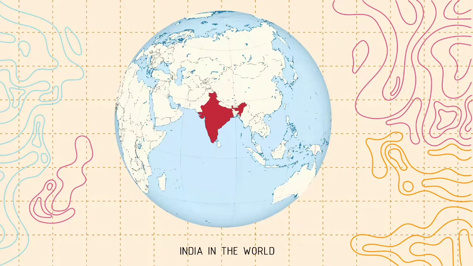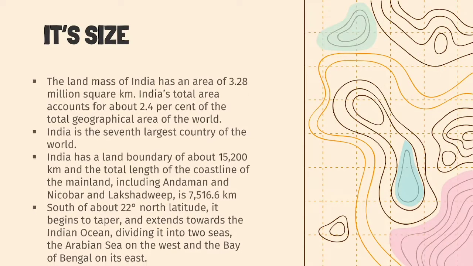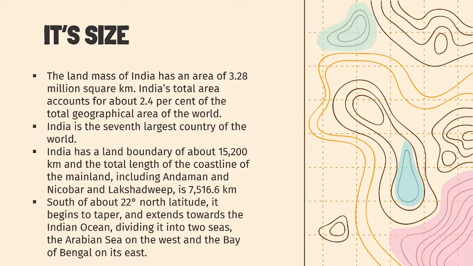So in the previous slides we saw how India is located. Okay, so we saw from a single point of view, and now we are shifting towards India in the world. Okay, its size. Now we are going to look at its size. So India has an area of 3.28 million square kilometer.